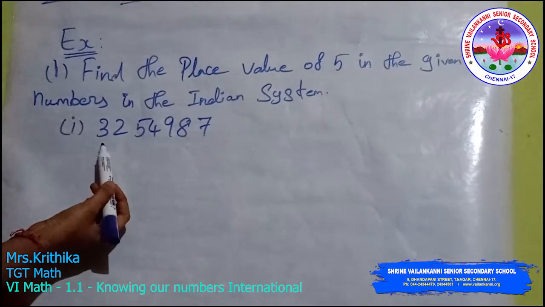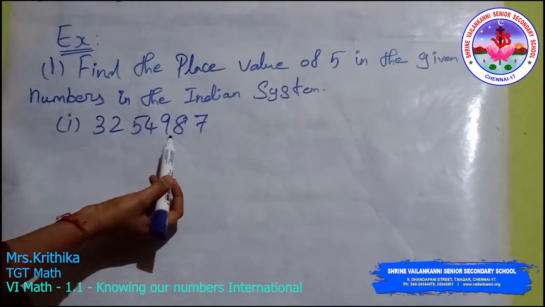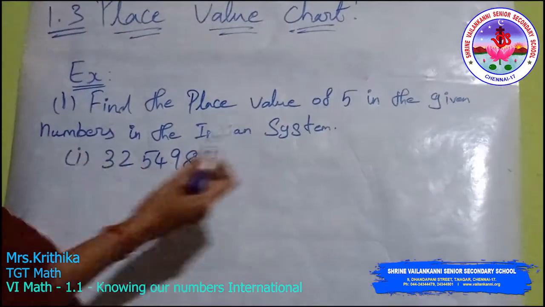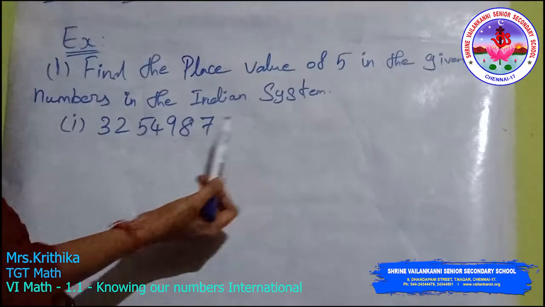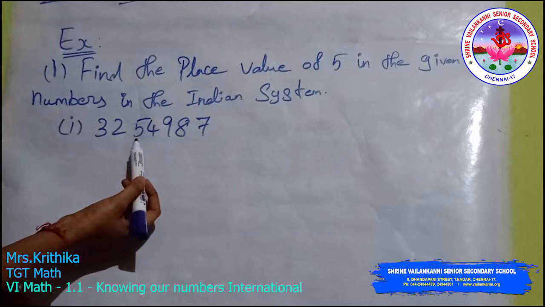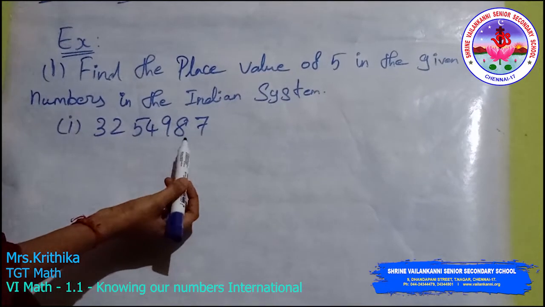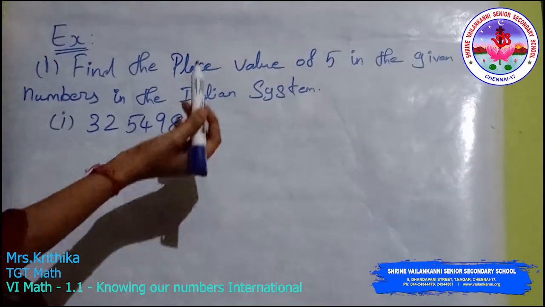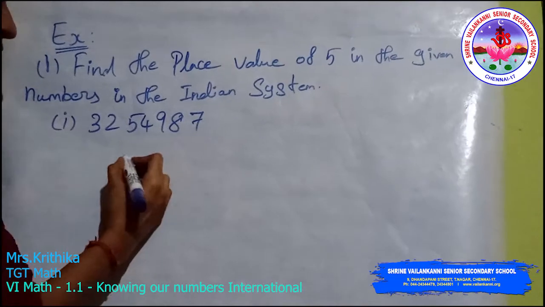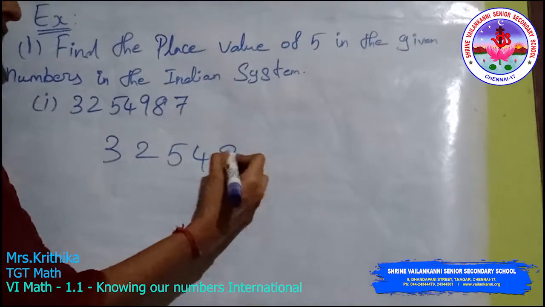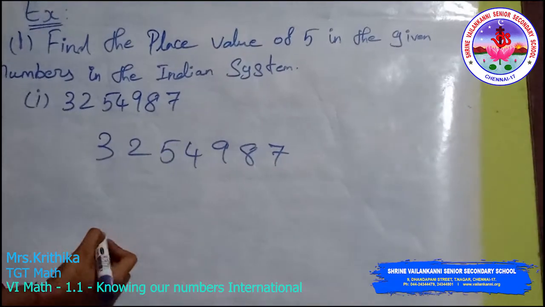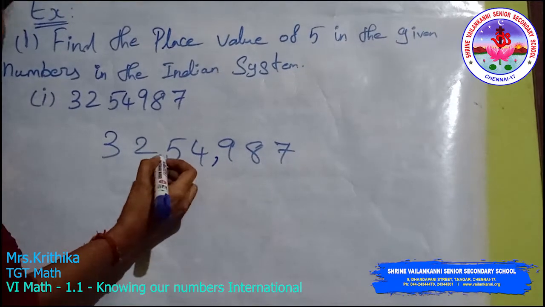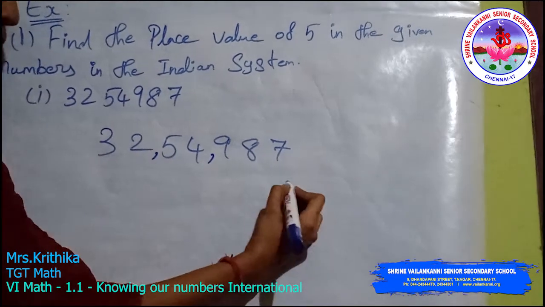Example 1. Find the place value of 5 in the given numbers in the Indian system. First one is 3254987. Separate the digits using the commas by the Indian system method. Ones, tens, hundreds, thousands, 10,000s, lakhs, 10 lakhs.